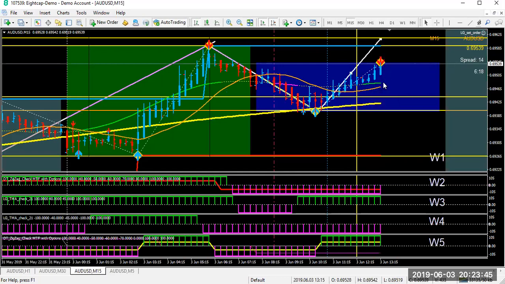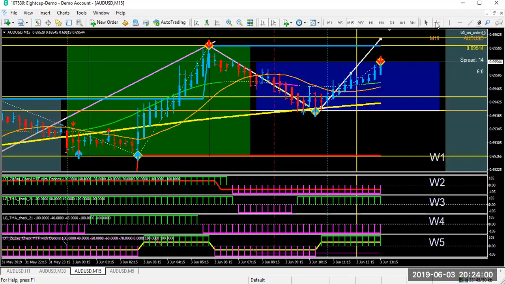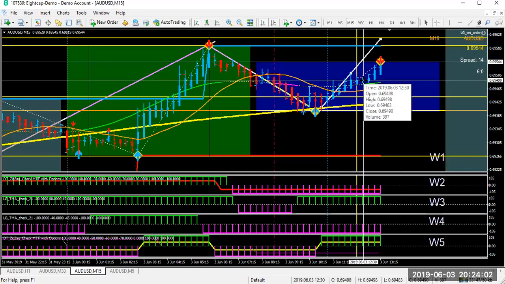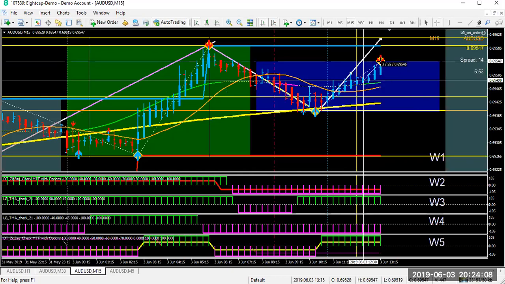Okay, so this is still solid green. It can still keep pushing up. If you're there for the trade, you can enter it, and you want to micromanage it, etc.